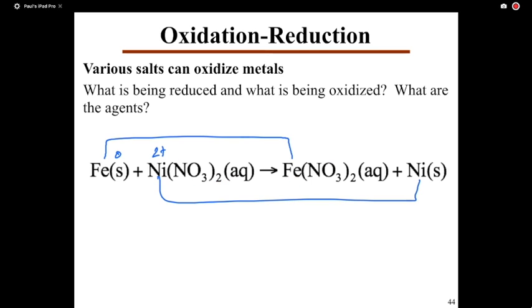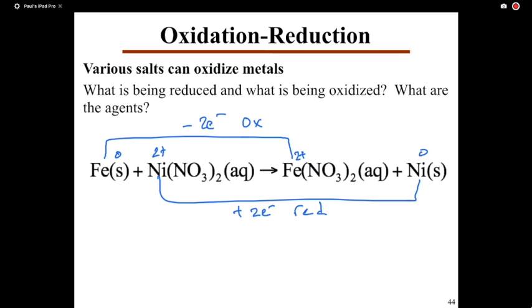What about the iron here? +2. What about the nickel? 0, because it's the elemental form. So iron had to lose 2 electrons. Nickel had to gain 2 electrons. If I lose, oxidation. If I gain, reduction. So nickel is reduced, iron is oxidized.